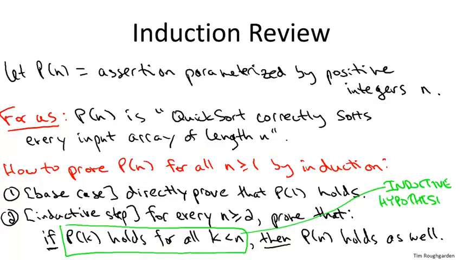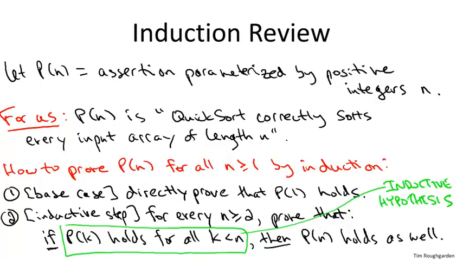So if you manage to complete both of these steps, if you prove the base case that P of 1 holds, you argue that directly, and then also you argue that assuming the inductive hypothesis that the assertion holds for all smaller integers, it also holds for an arbitrary integer n, then you're done. Then in fact, you have proven that the assertion P of n holds for every single positive integer n. Right?